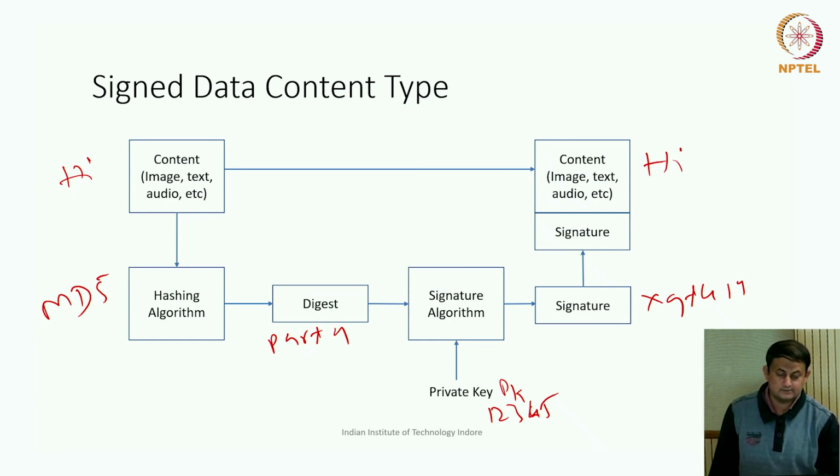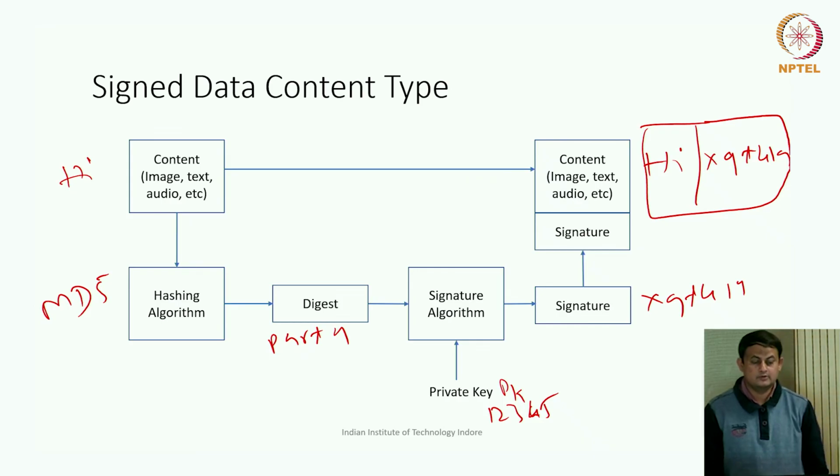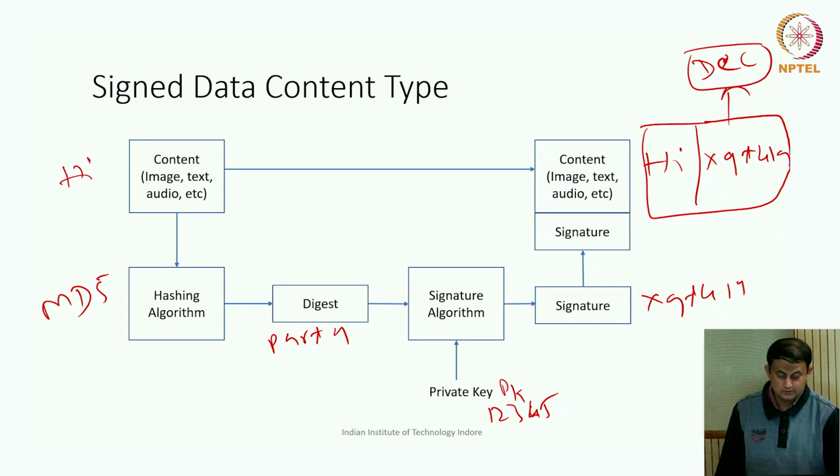This gets appended to the mail. So your mail is still high, and at the end of this content goes X9T419. This is transmitted to the recipient over the network. When the receiver receives this email content, the email body and the signature together, the first thing he needs to do is take out this portion and use the decryption algorithm. Which key?